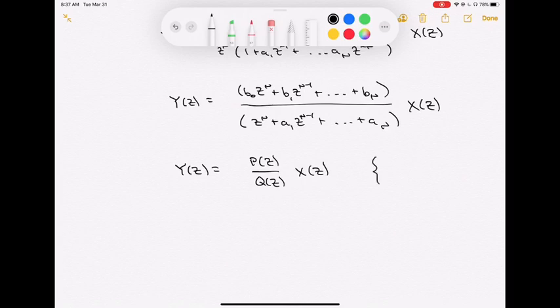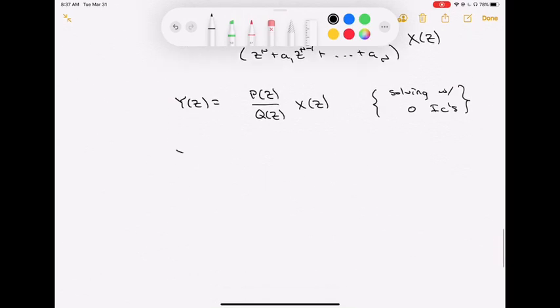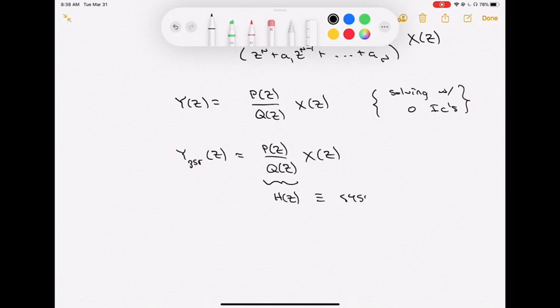This was all solving with zero initial conditions. So another way of looking at this, to be a bit more complete, is that this is the zero state response, the transform domain solution, some P(z) over Q(z) times X of z. Let's call that ratio P(z) over Q(z) H of z, which I'm going to define as the system function.